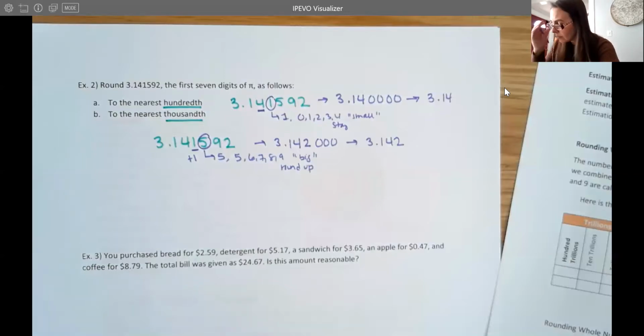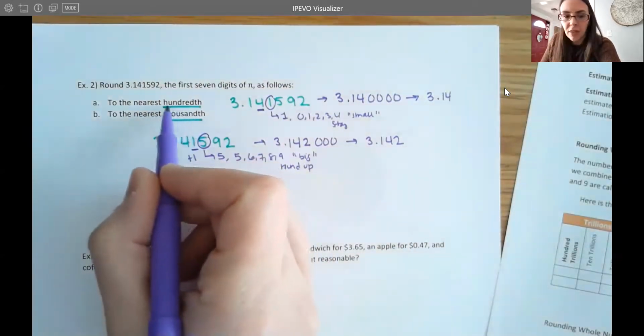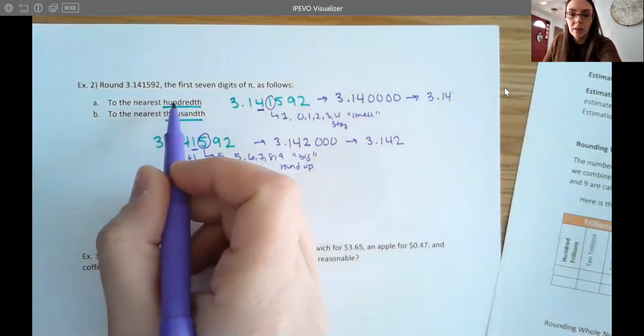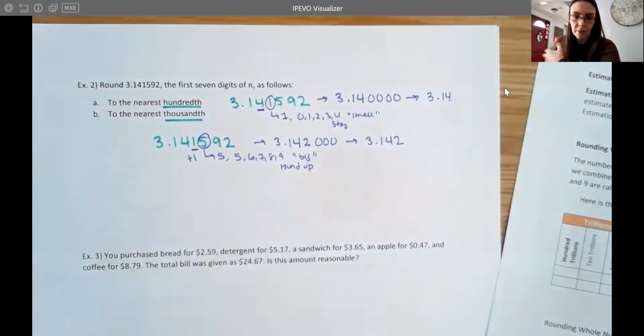So when you're rounding, another way to keep in mind your decimal place after the decimal point is how many zeros there are. So if you think about hundredth, 100 would have 2 zeros, so you're 2 places to the right. 1,000th would have 3 zeros, so you're 3 places to the right.